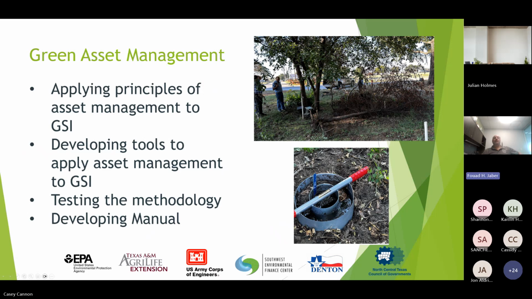Yeah. So basically, one of the things that we have noticed here in the North Texas area, that most of the green infrastructure that was built by cities was either a grant that they received and they built it, monitored it for a couple of years, wrote a project final report, and then they turned it over to their parks department. Usually it's the stormwater department or the engineering department that does that initial work. They turn it over to the parks department without any guidance on how to manage these.